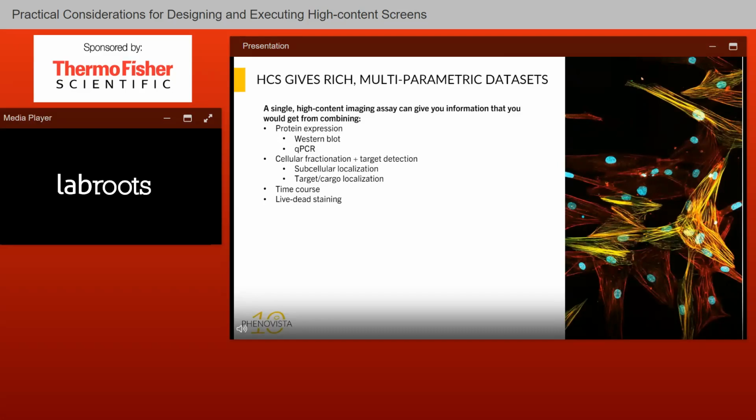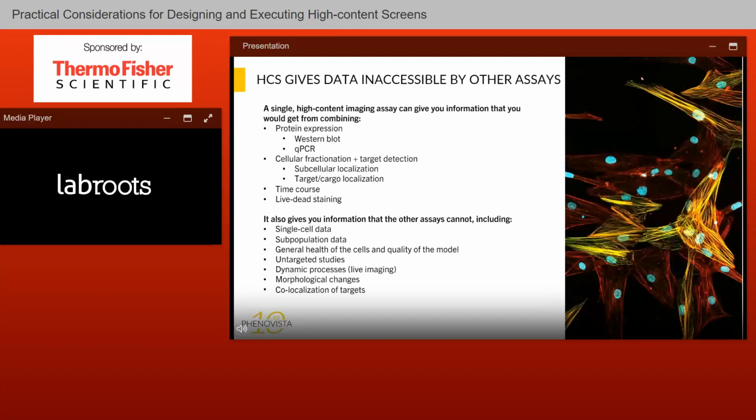And then with high content, you can also do fixed time points, but you can also do live imaging too, and get continual measurements of the biology over time. And of course, that would include measuring things like the viability of the cells as well.